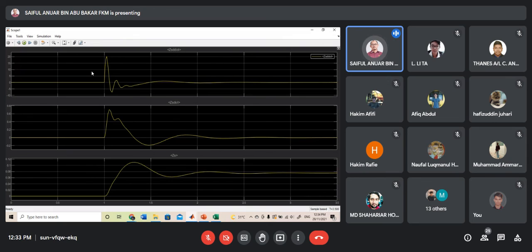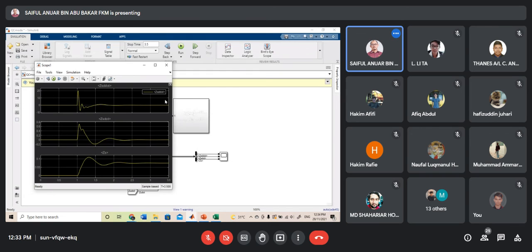So we have the first graph belonging to the vertical acceleration, then the second one in terms of velocity, and the third one is in terms of displacement. Okay, any question? Any question for this one?